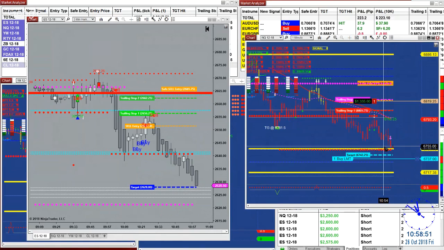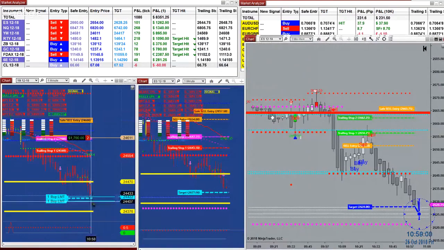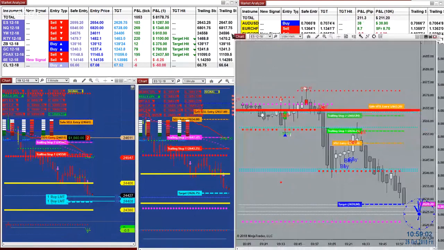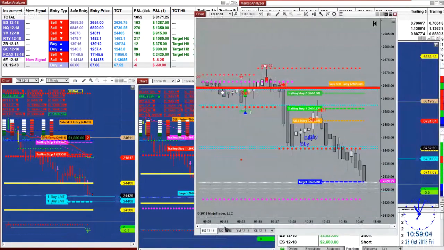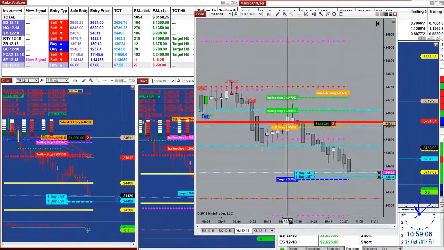Done. 2000. Nothing left on that ES. Let the others get stuck with the ES. It's done. It's over. One more trade on the YM. There we go. Done. One more.